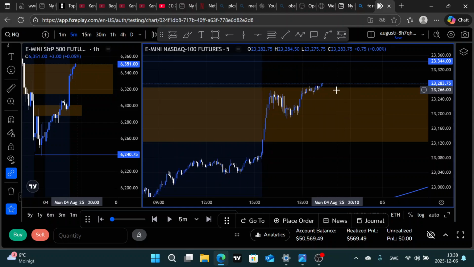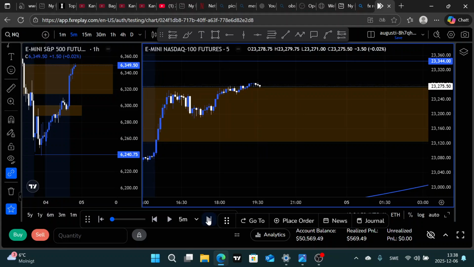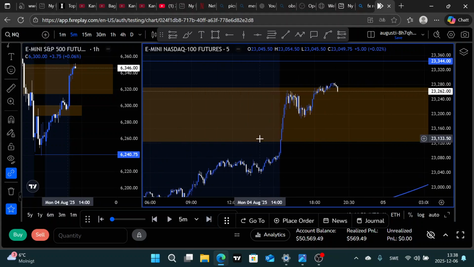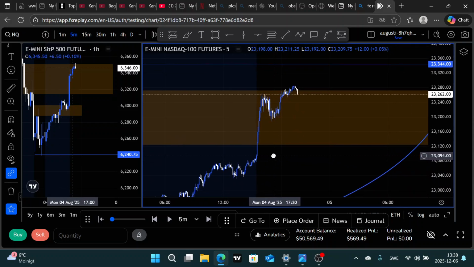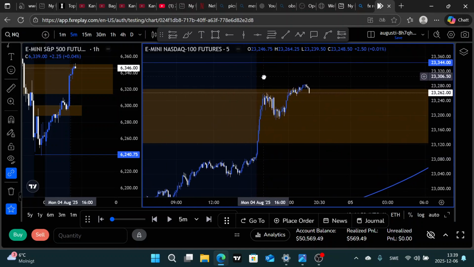So in that case, I want to see the price go and take this internal buy side, but I'm not confident enough to take a trade because it can do whatever.